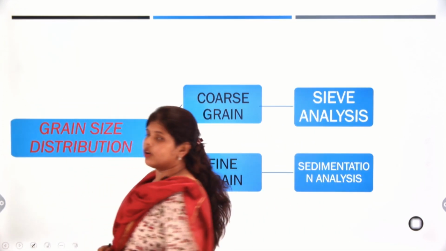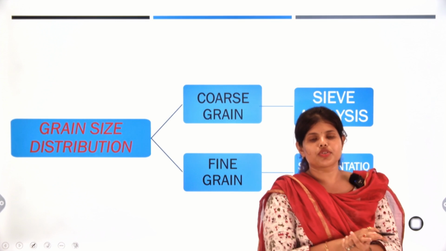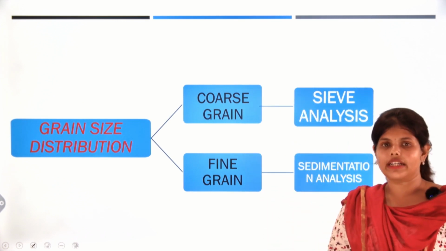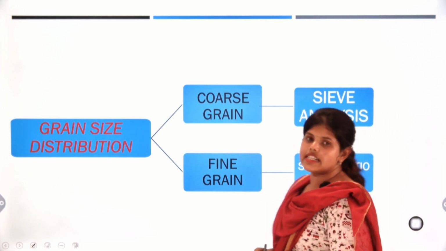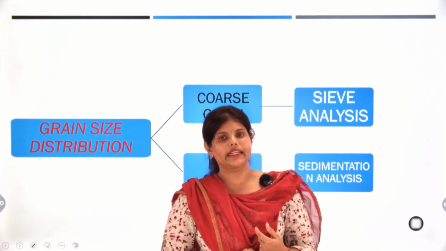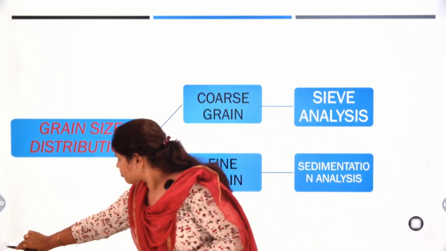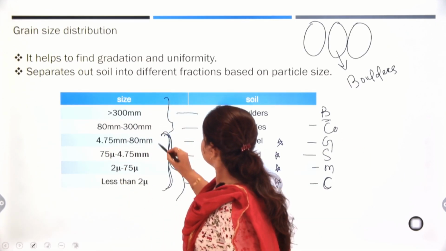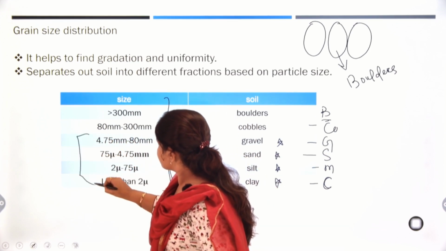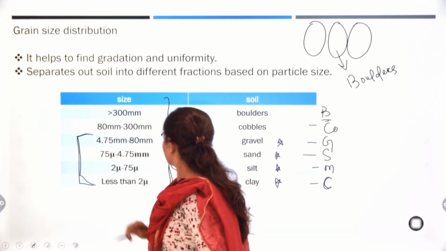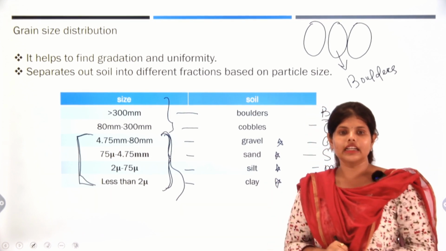Grain size distribution is generally of two types: coarse grain soil and fine grain soil. Generally we do grain size distribution for gravel, sand, silt and clay.